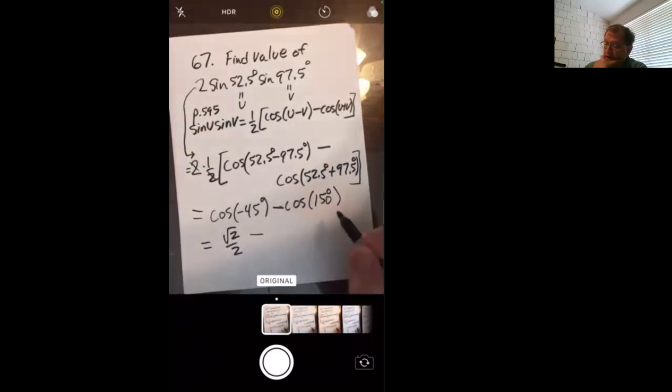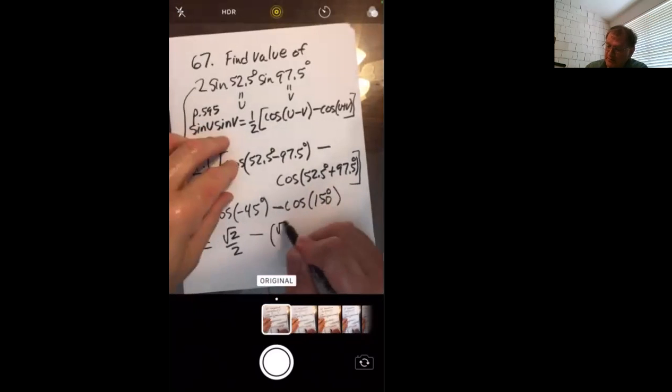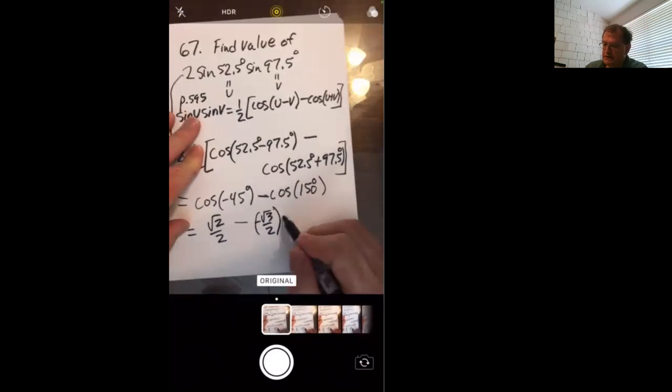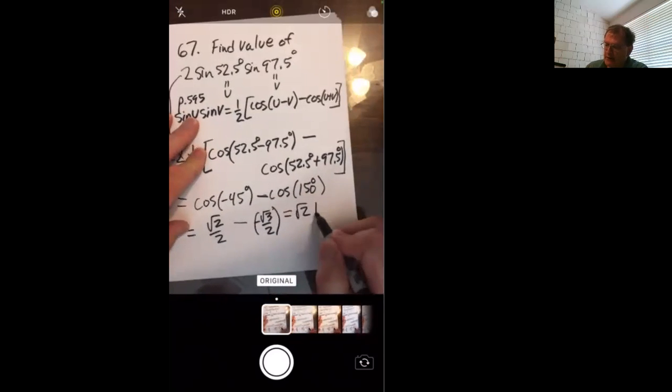And minus, your 150 is in the second quadrant, 30 degree equivalent, negative root 3 over 2. Negative root 3 over 2. So this is going to go root 2, add root 3, and divide it by 2.